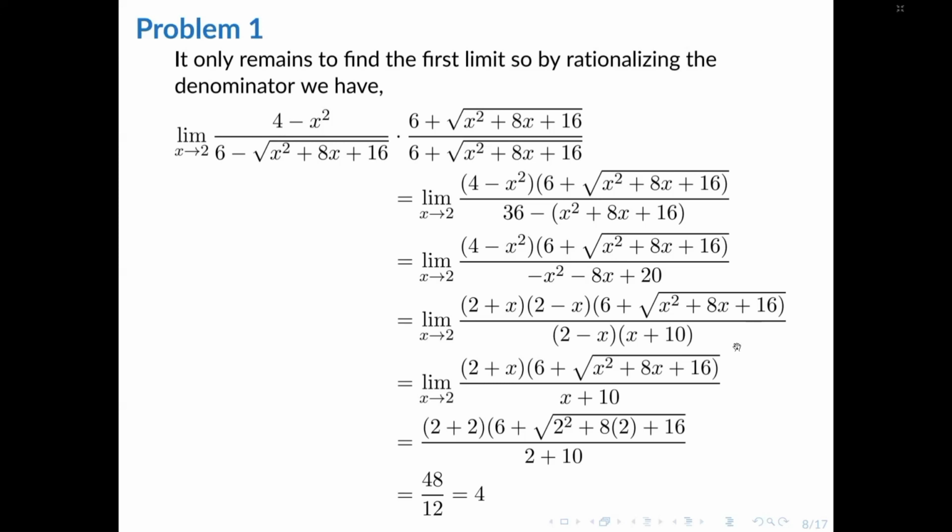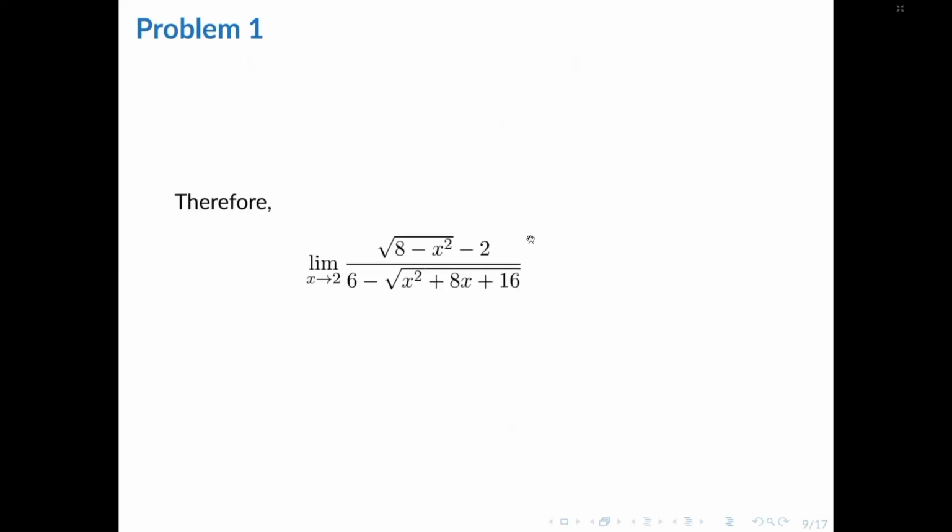If we try direct substitution, we can see that it will not result in 0 over 0 or an indeterminate form. Substituting, we get 48 over 12, which is equal to 4. Just remember that 4 is the limit of the first function.